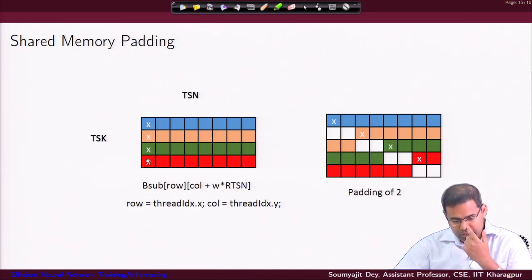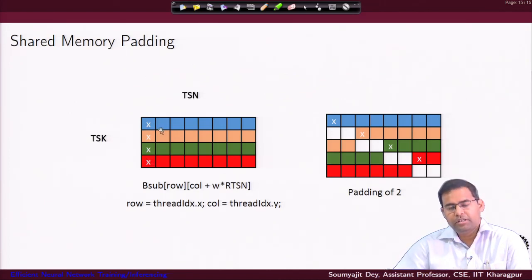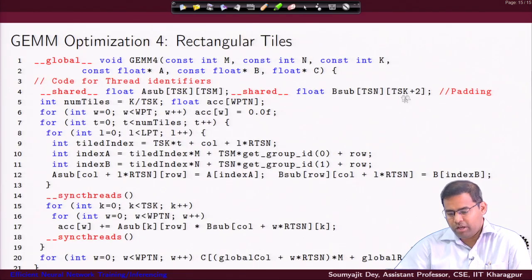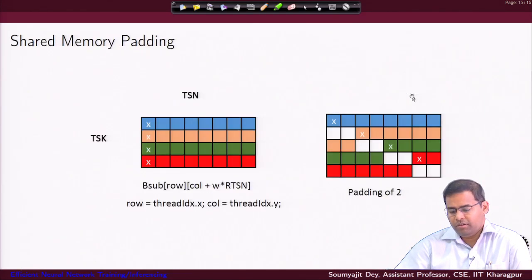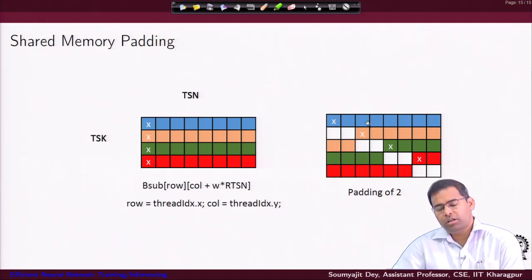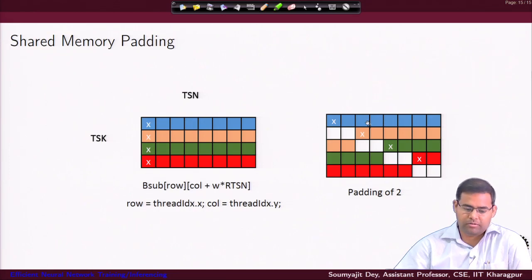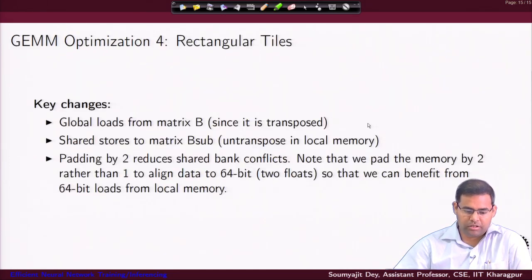To alleviate that, we use the padding trick that we learned earlier, which is just to add extra locations, more than is required. That offsets the locations here, so that when the warps load the data, you avoid the bank conflicts. Fine.